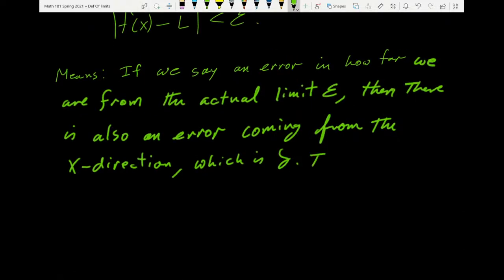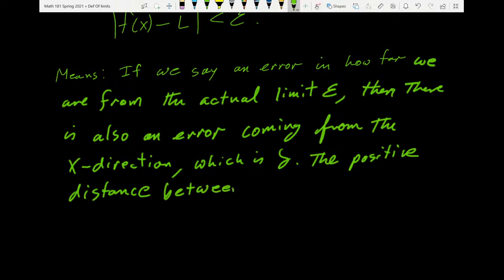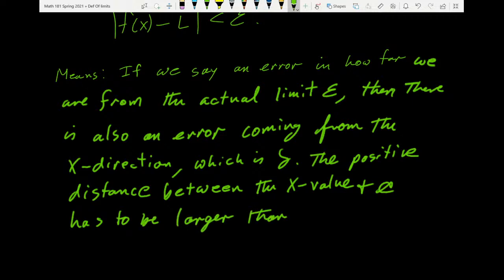The positive distance between the x value and C has to be larger than 0 but less than delta.